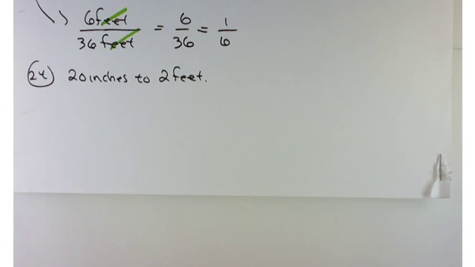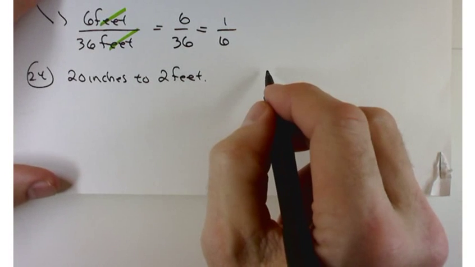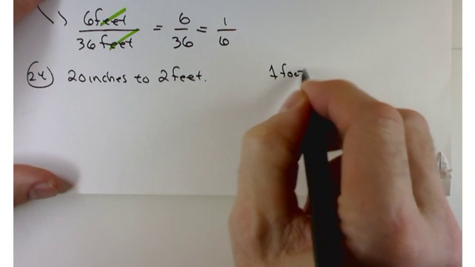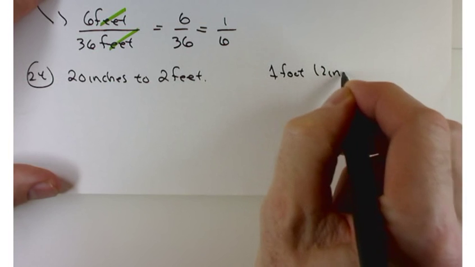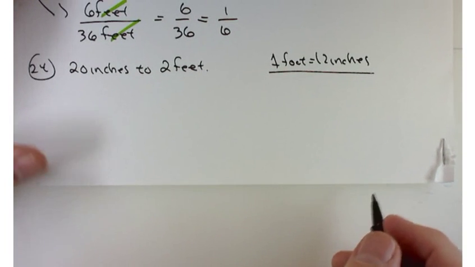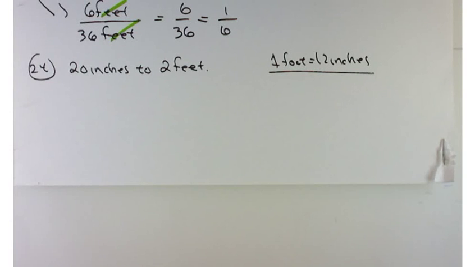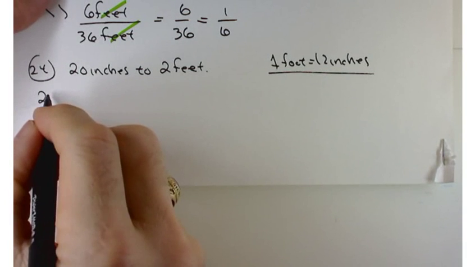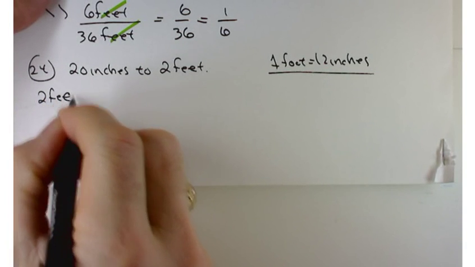Well, let me helpfully remind you that 1 foot has 12 inches. What's the smaller unit here? Inches. So am I going to convert to inches or am I going to convert to feet? Convert to inches. 2 feet.